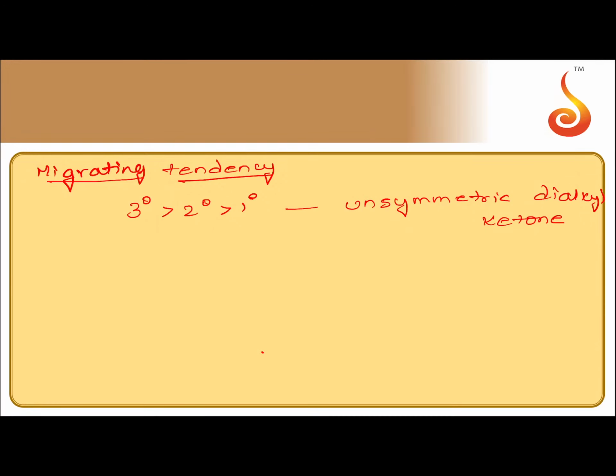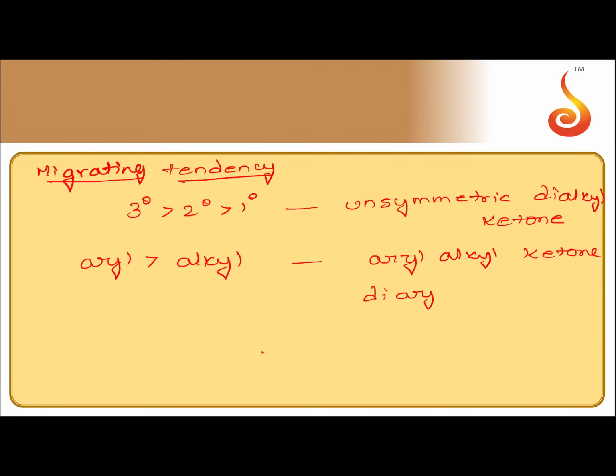But if the ketone is an unsymmetric aryl-alkyl ketone, the aryl group will have more migrating capacity than the alkyl group.